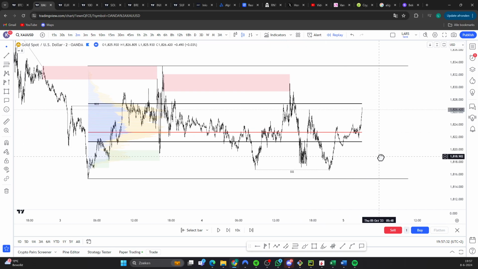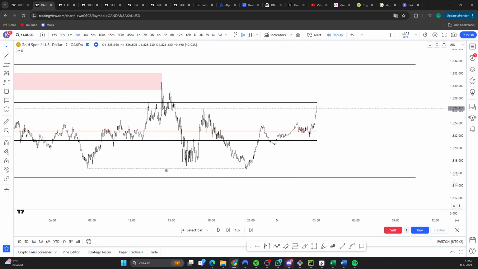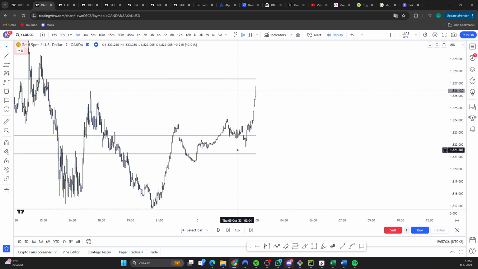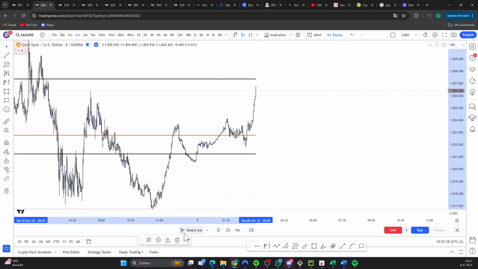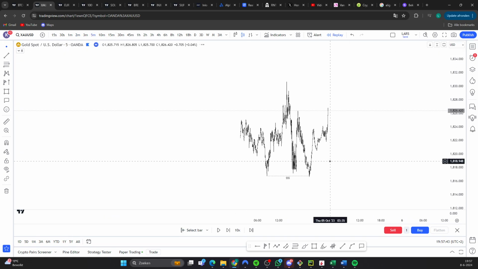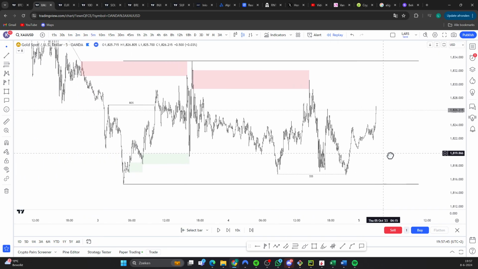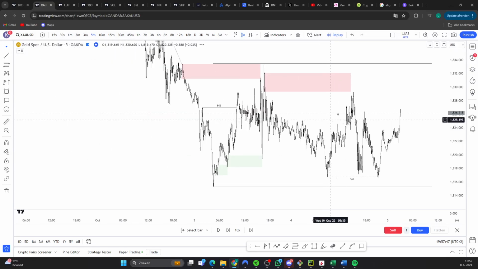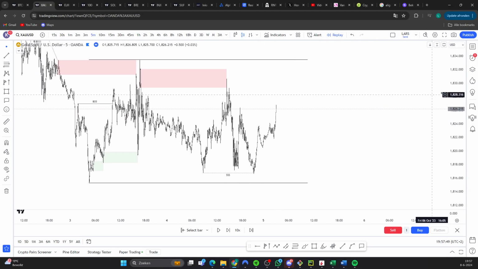This is all during Asia. There's not really any resistance or support.